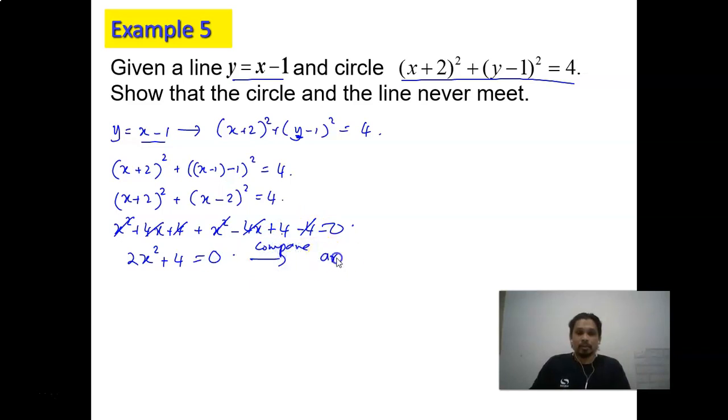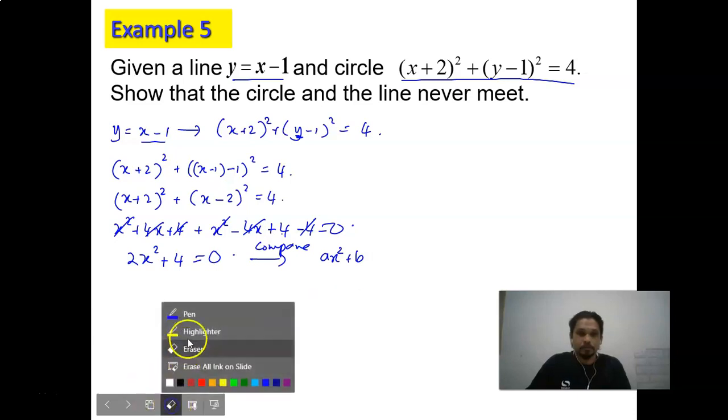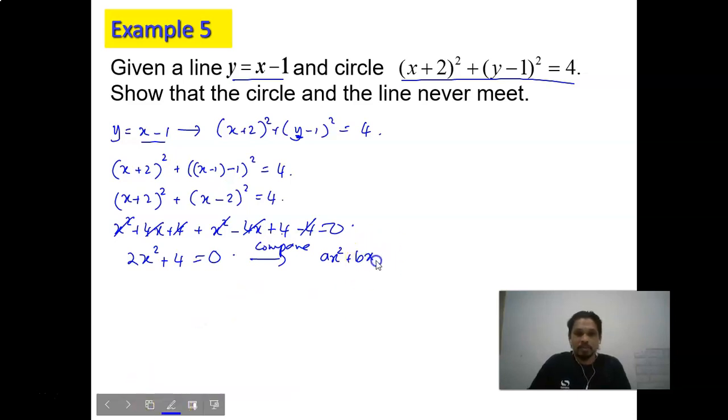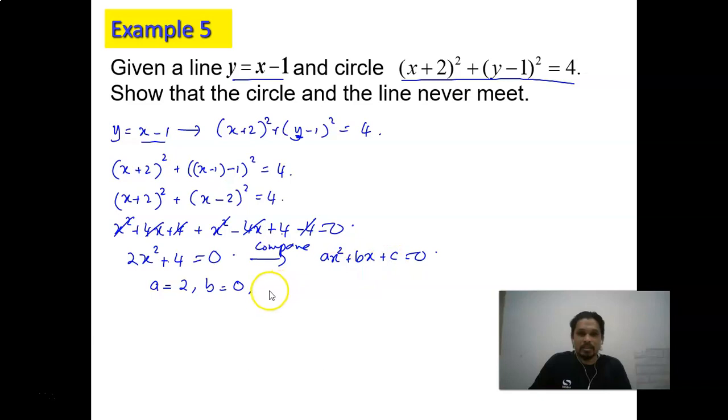Okay, let's compare with ax squared plus bx plus c equals 0. When you compare, we come up with a equals 2, b equals 0, and c equals 4.